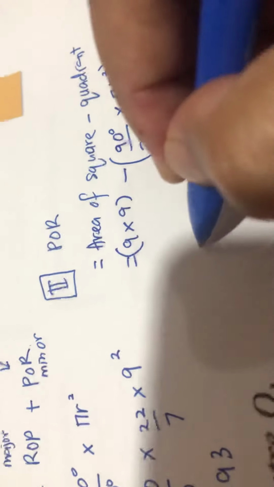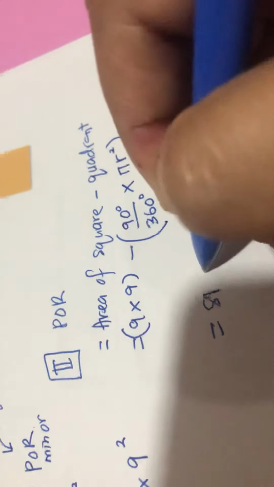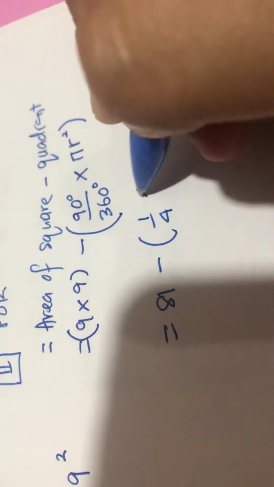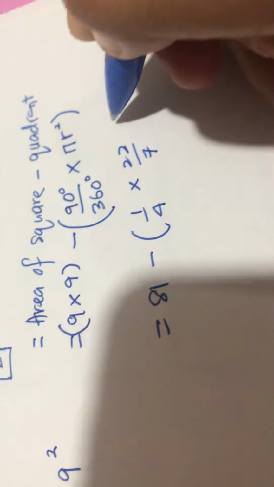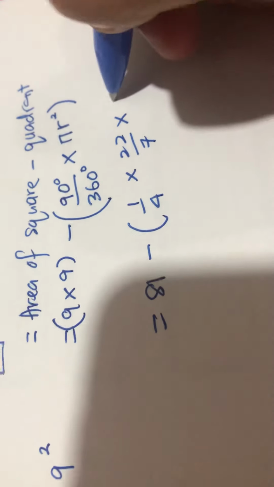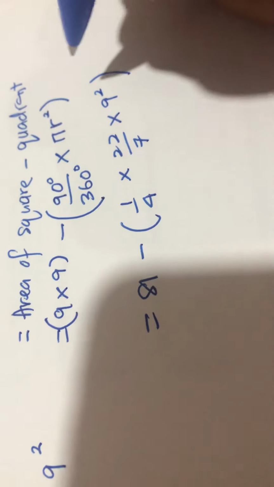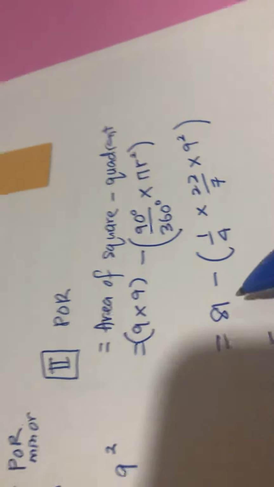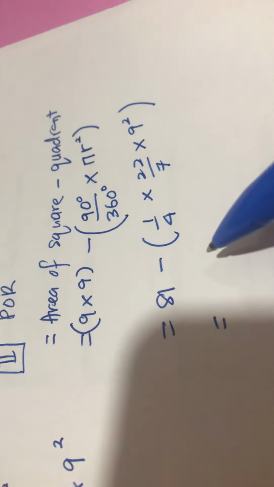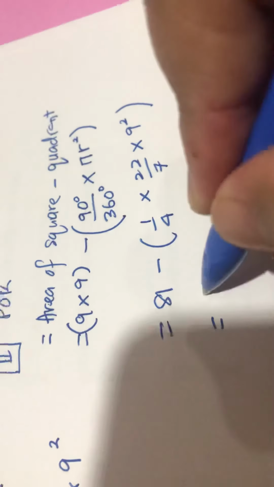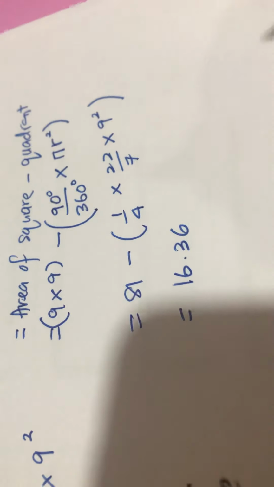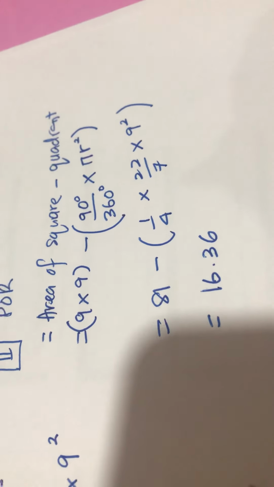Which is this one is 81 minus with 1/4 times 22/7 times 9 squared. Okay. If you solve this part, you will get 16.36. Okay, 16.36.